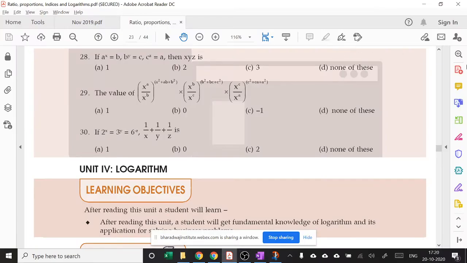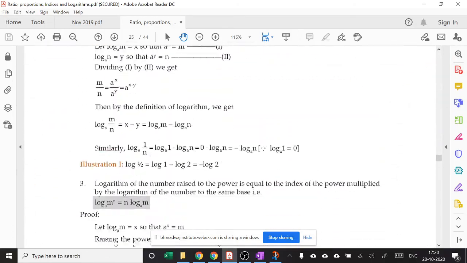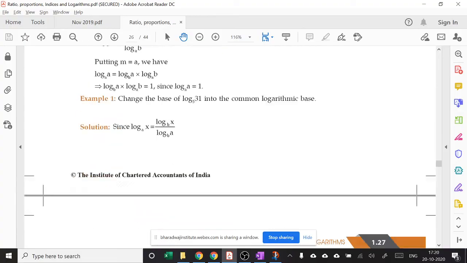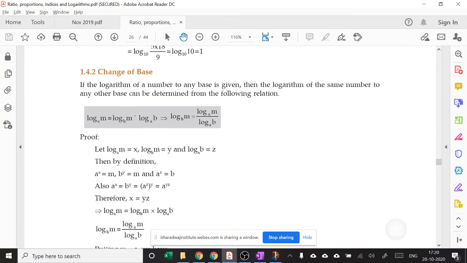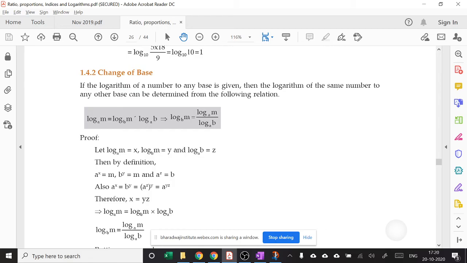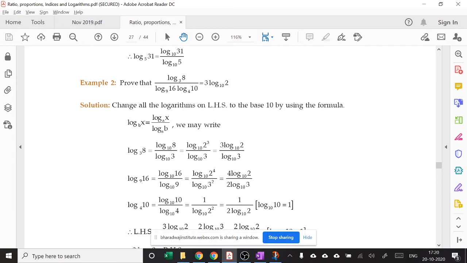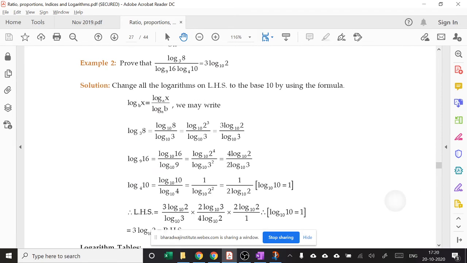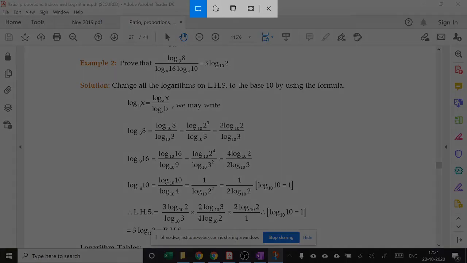Now I'll give you one problem from your textbook, one favorite problem of mine. This seems to be an interesting question.